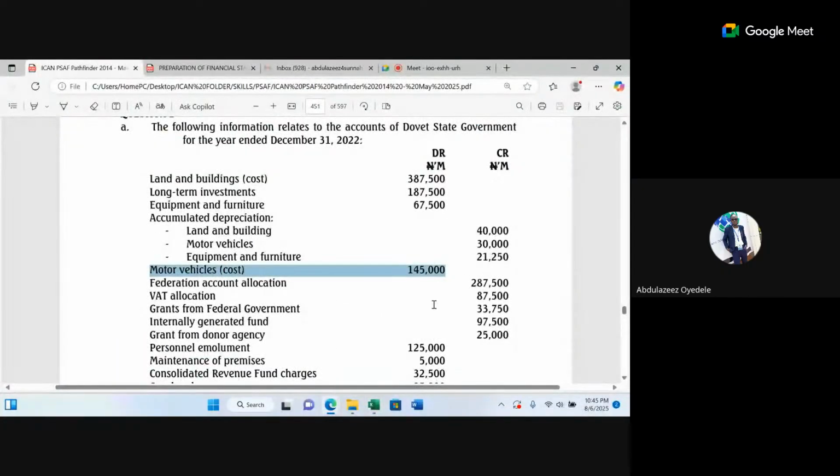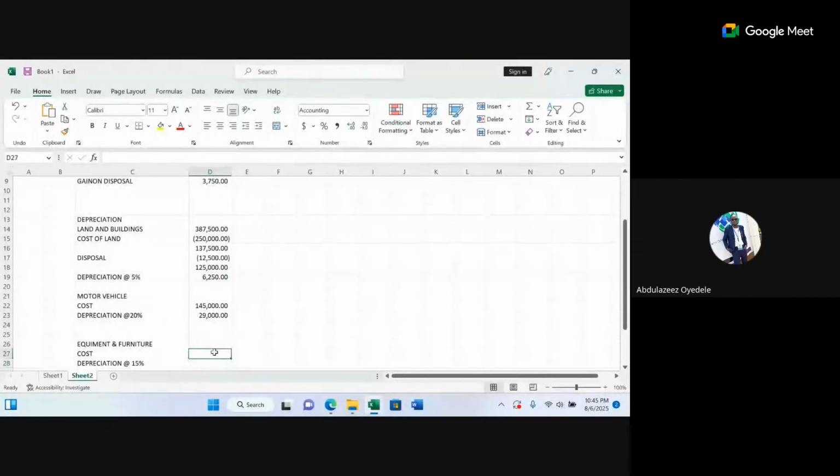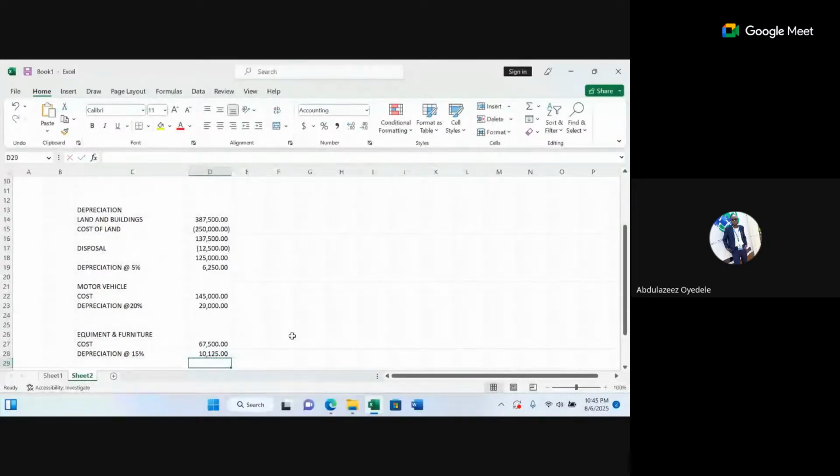So the cost of furniture and equipment is 67,500. And that's 0.15. You have 10 billion 125.